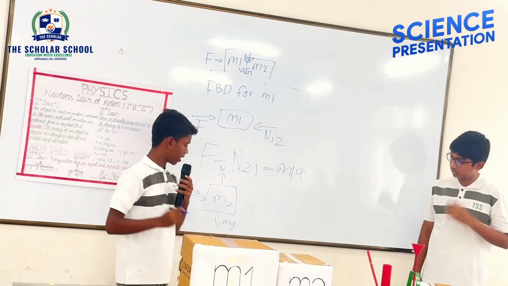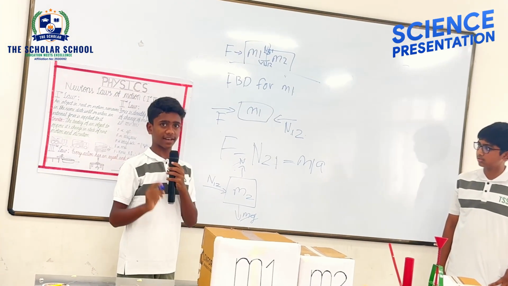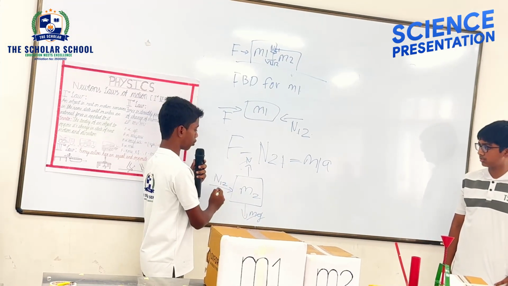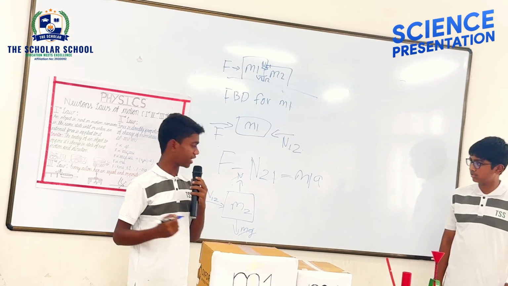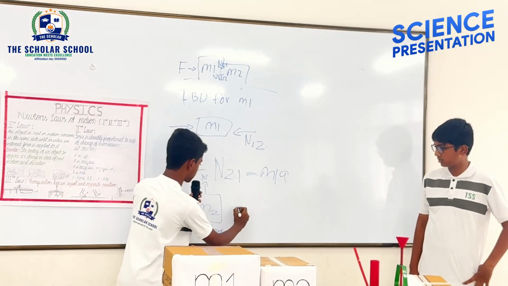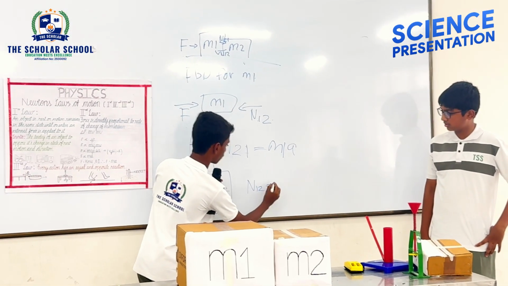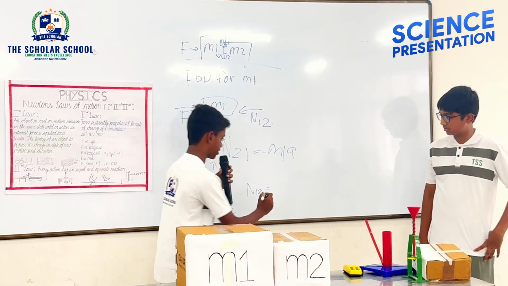As Valan said, mg is equal to N, they both get cancelled. So the only force acting on m2 is N12. Now let us form the equation. Since N12 is the only force, N12 is equal to mass into acceleration, m2a.